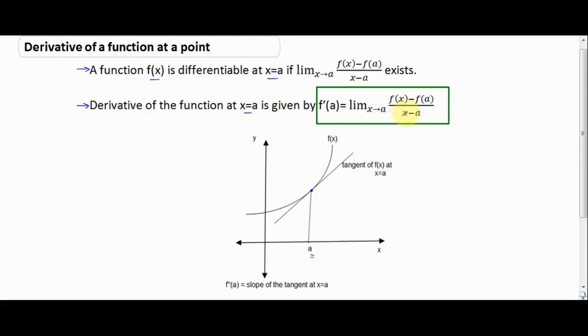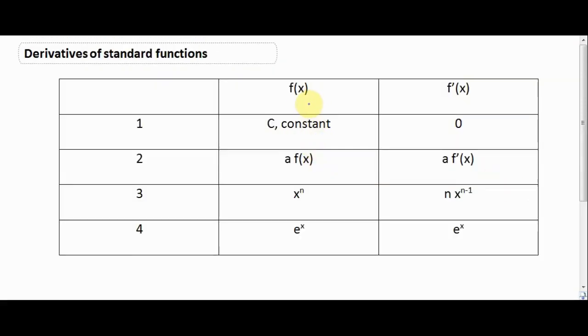Now with this definition in mind, let's have a look at derivatives of standard functions in mathematics. So let the function be f of x and its derivative be represented as f dash of x. Now when f of x is equal to c, a constant, its derivative will be 0. Now a into f of x will have a derivative which will be equal to a into f dash of x.